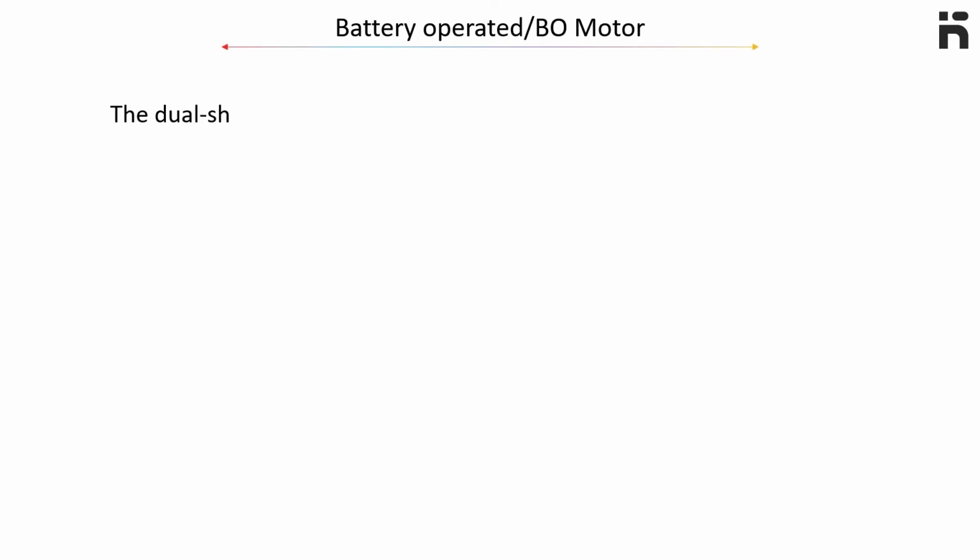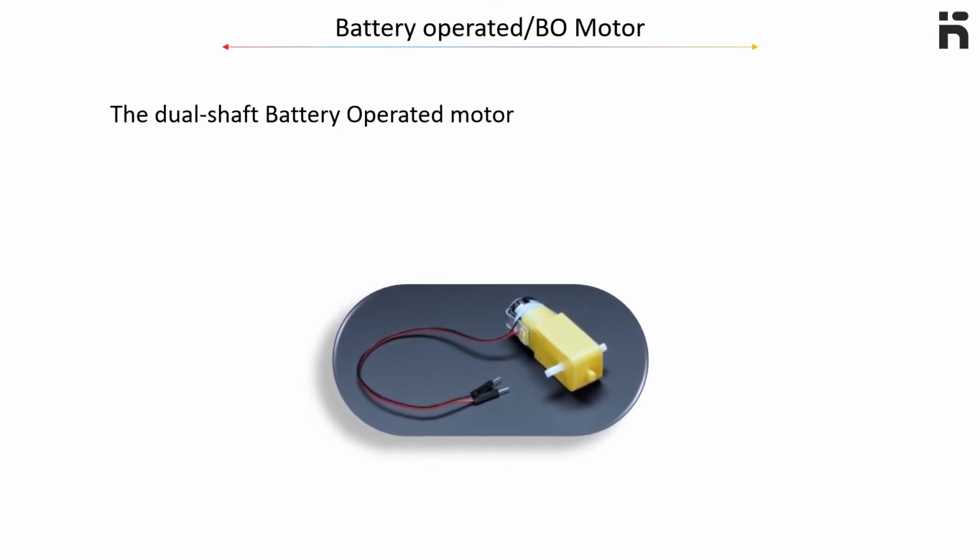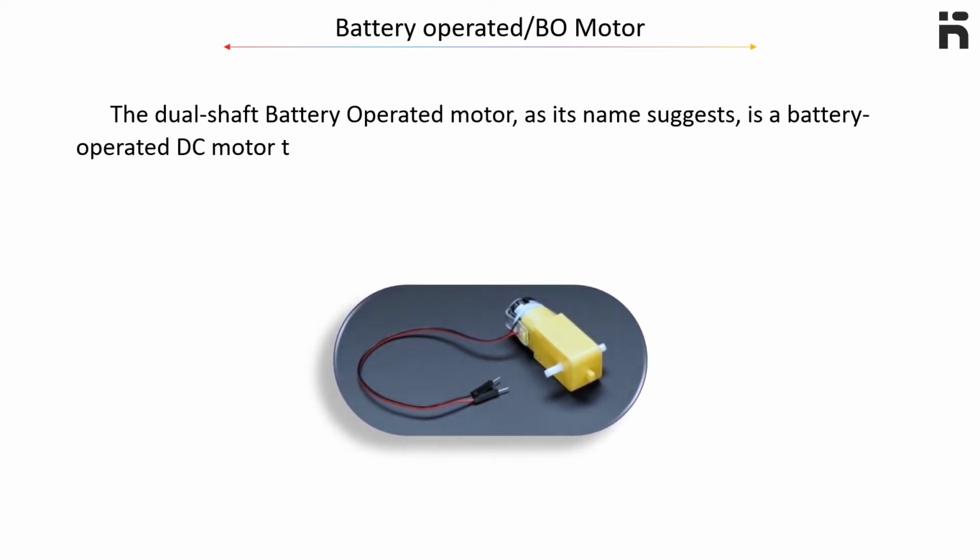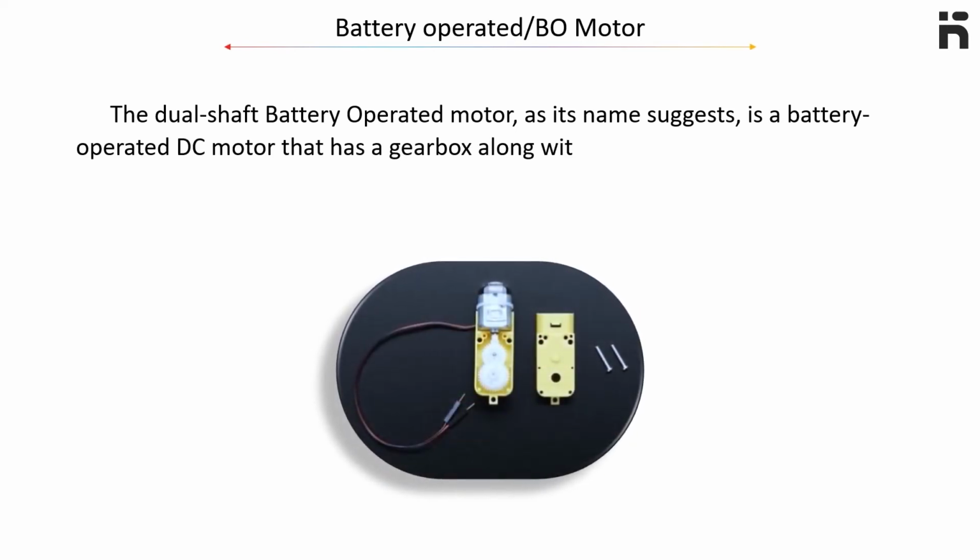Let's give you a brief introduction of the different motors. Battery operated motor. The dual shaft battery operated motor, as its name suggests, is a battery operated DC motor that has a gearbox along with a DC motor inside its casing to control its speed.